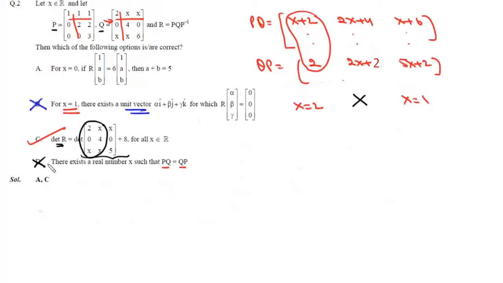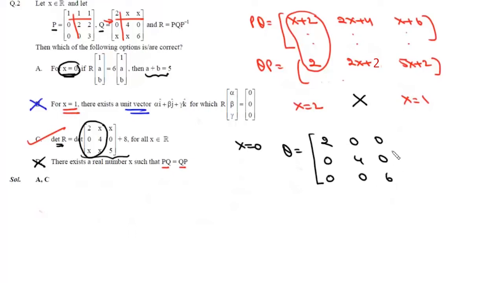Now we have to check this option A, which is the most interesting option. It says for x equals 0, if R into (1, a, b) equals 6 times (1, a, b), then a plus b equals 5. Now if we put x as 0, then this Q will be expressed as 2, 0, 0; 0, 4, 0; 0, 0, 6, which simply means that this Q is a diagonal matrix.